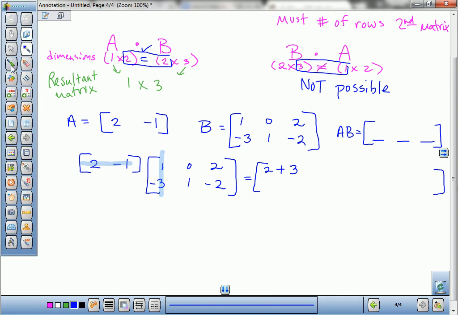All right, the next one. Now we're going to do this with this. First row, second column gives us position 1, 2. So 2 times 0 is 0, plus negative 1 times 1 is negative 1.